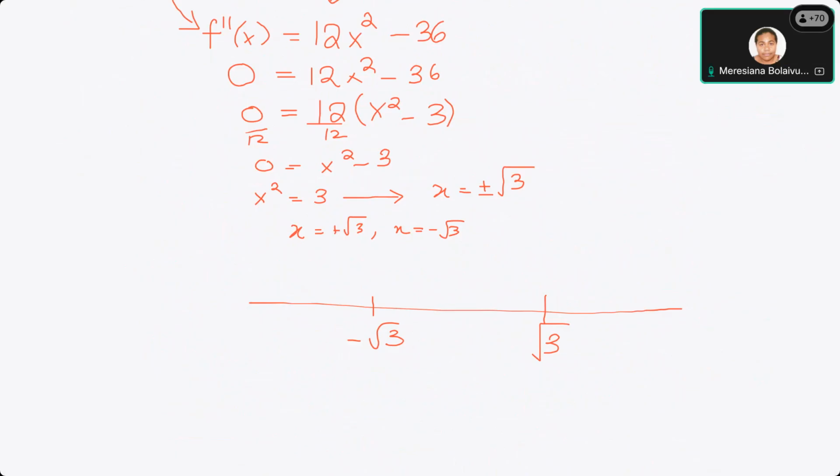So that means you have to choose a number that is less than negative 1.73. How many intervals do we have? We have 3 open intervals. So choose a number less than negative 1.73, and choose a number between, and substitute into the second derivative.